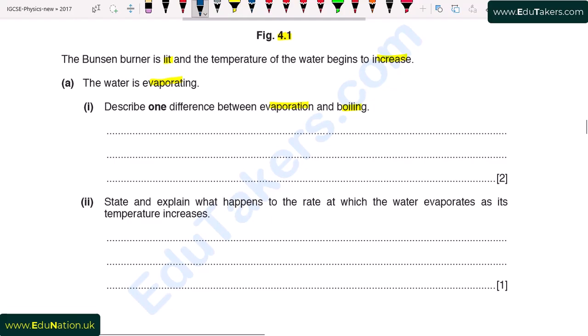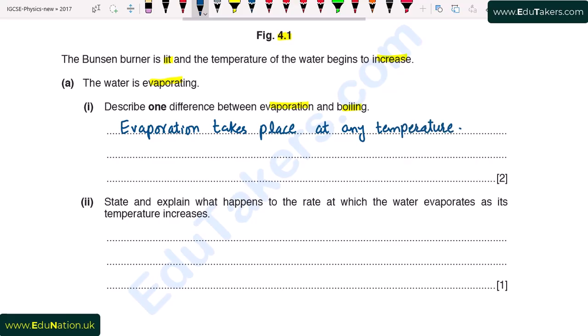So I write here evaporation takes place at any temperature while boiling takes place at specific temperature.